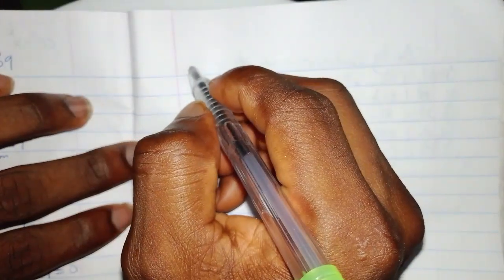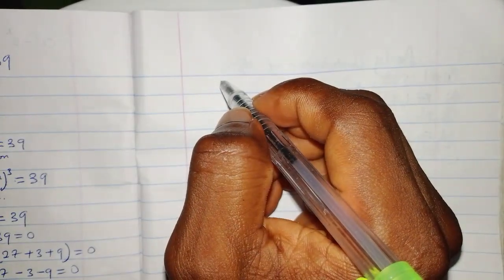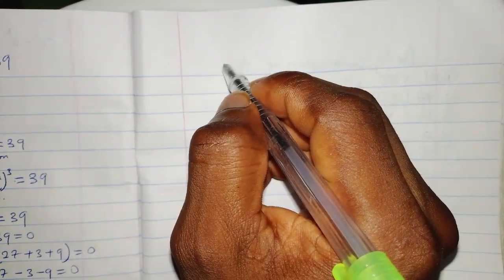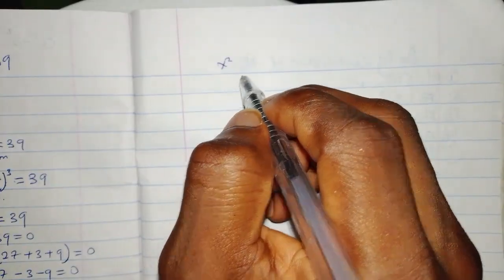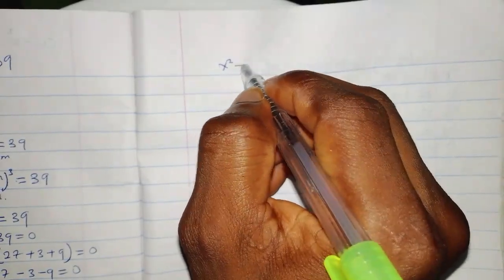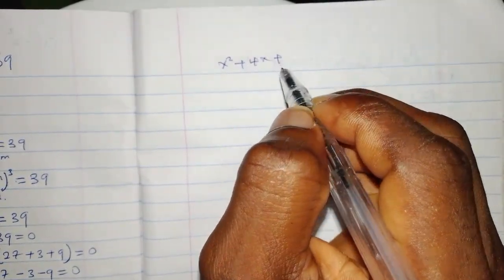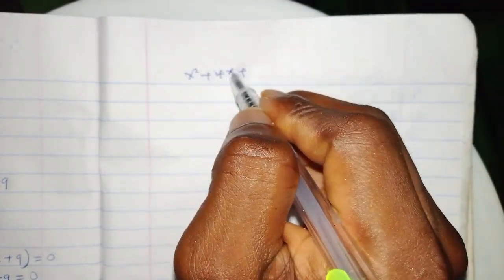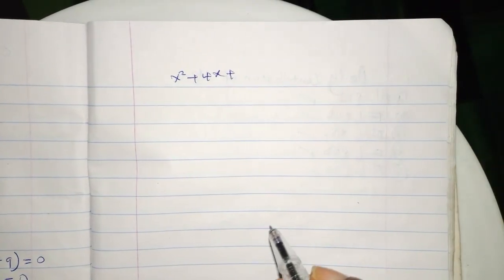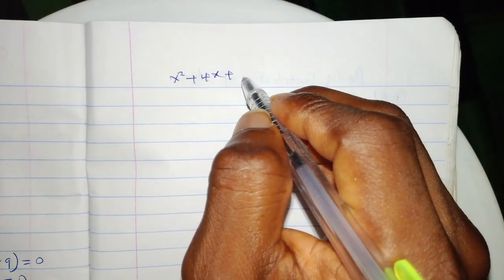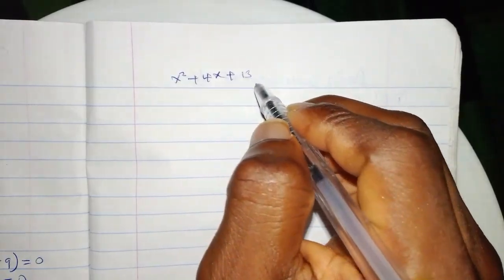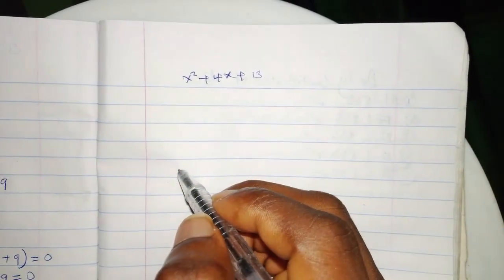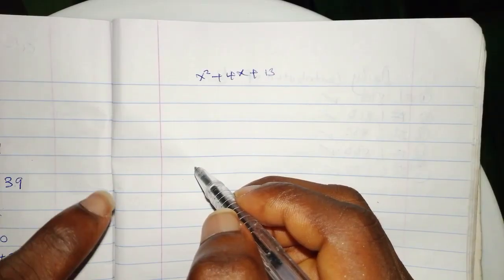So if you have to solve further, we continue from this part. We have x squared plus 4x plus 13.